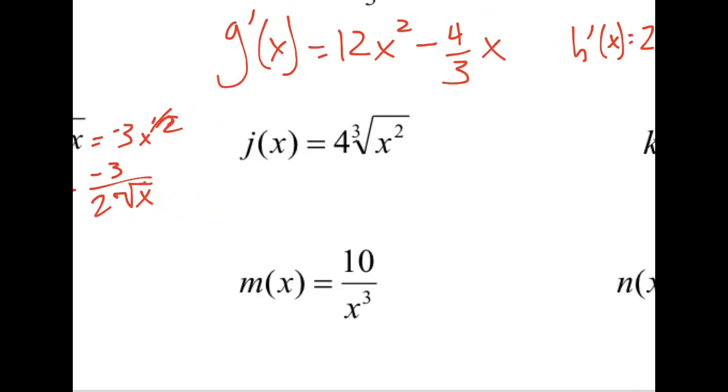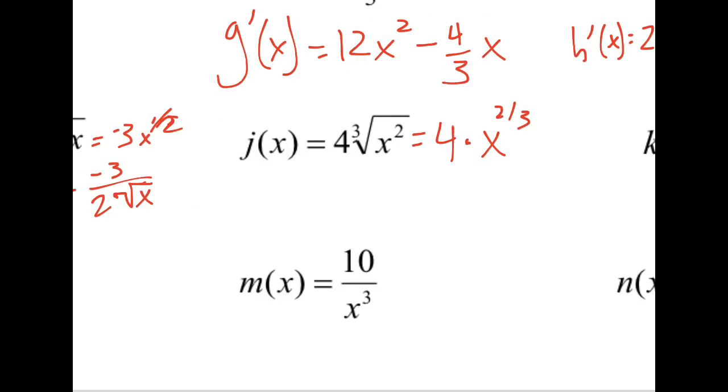Go to j of x. We are going to rewrite this as 4 times the cube root of x squared, which is the same as x to the 2/3. Remember, the numerator is the power, and the denominator is the root.